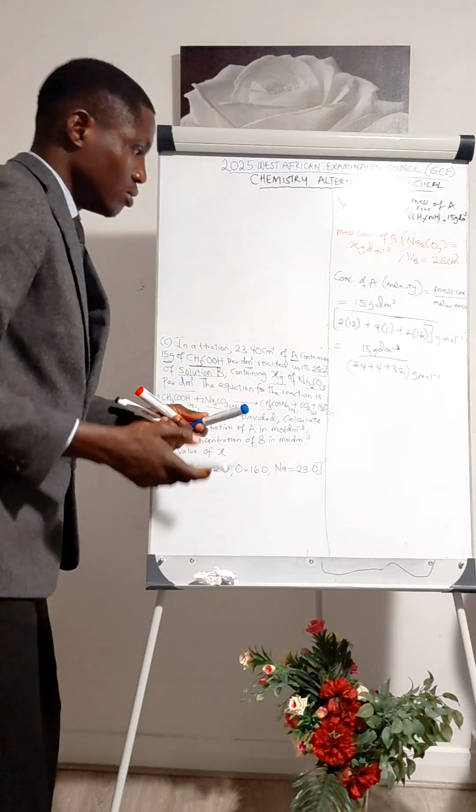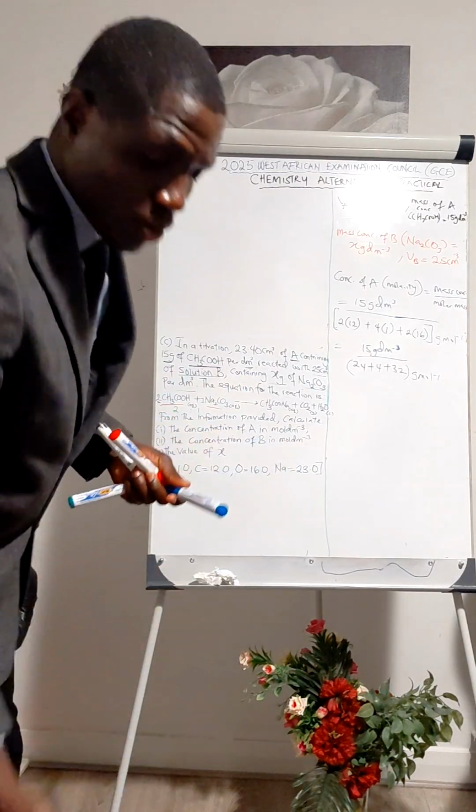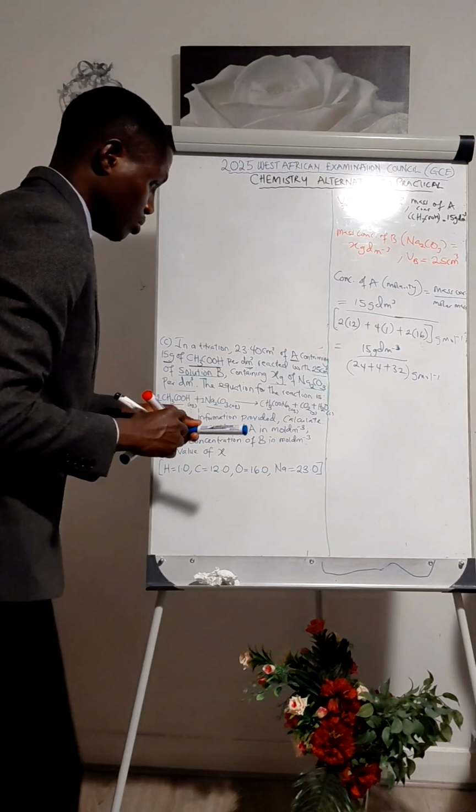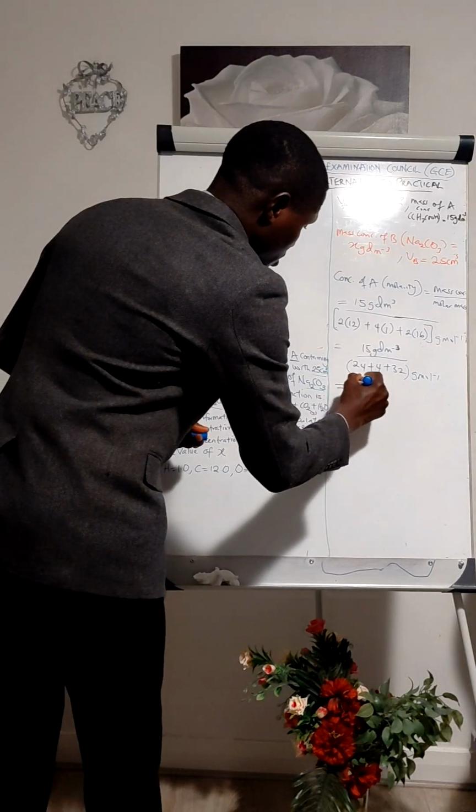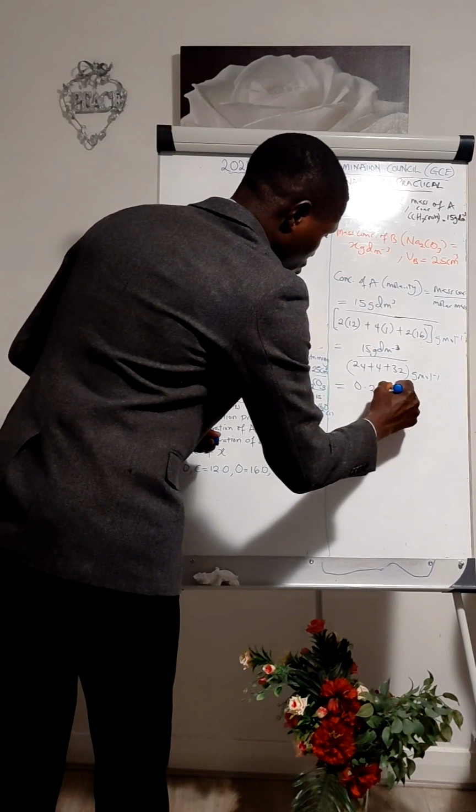So we have 0.25. That's the answer: 0.25 mole per dm cube.